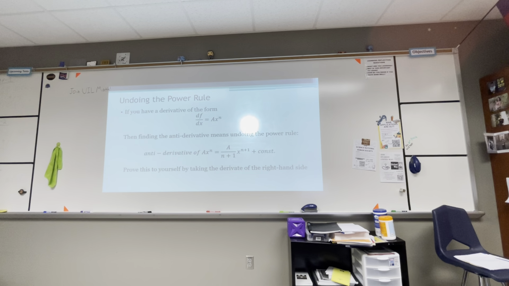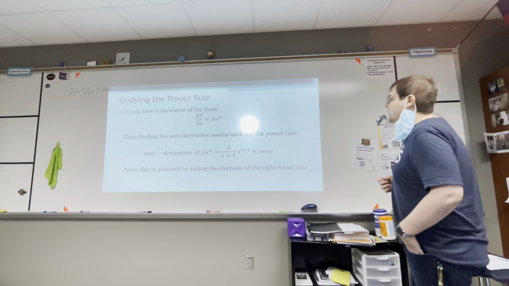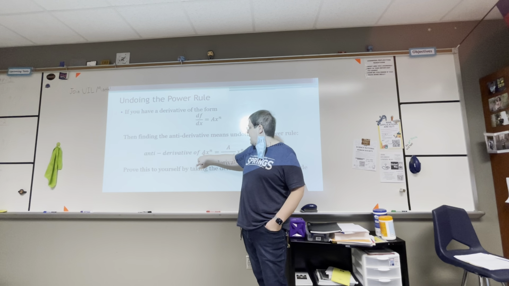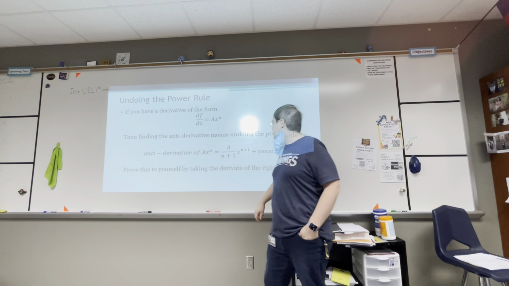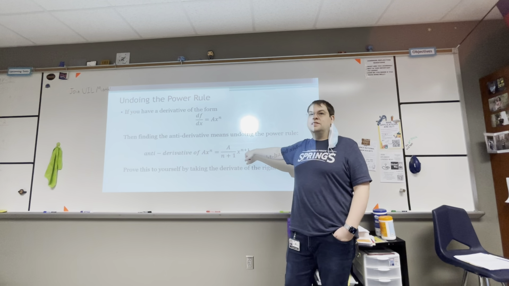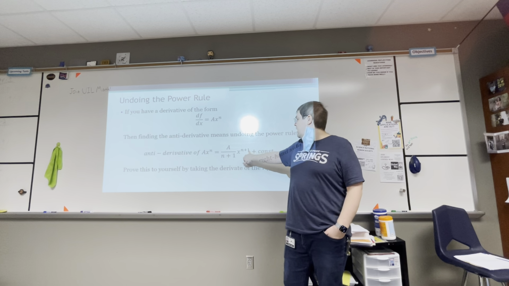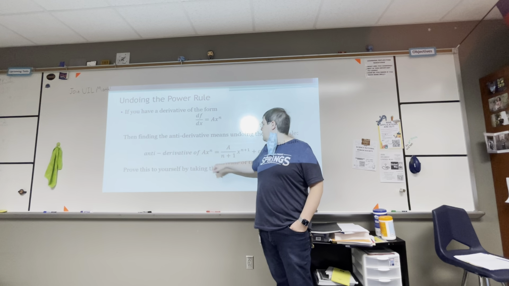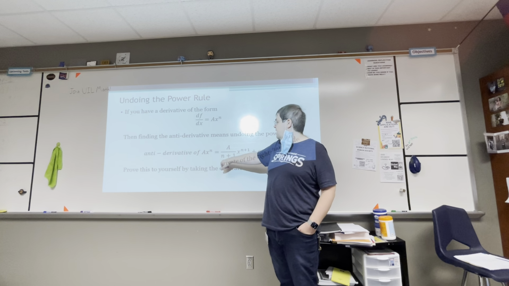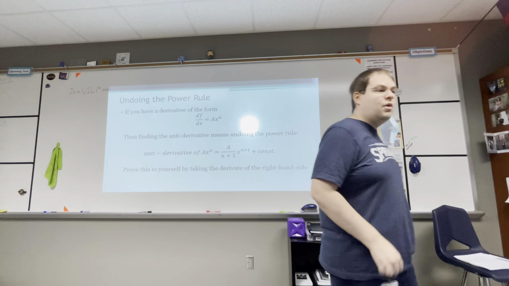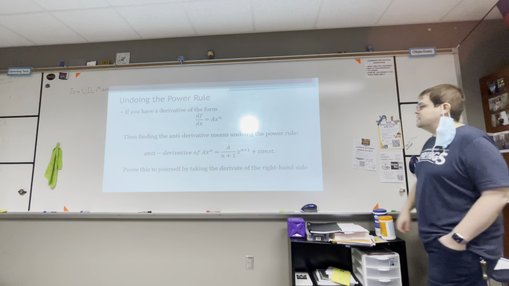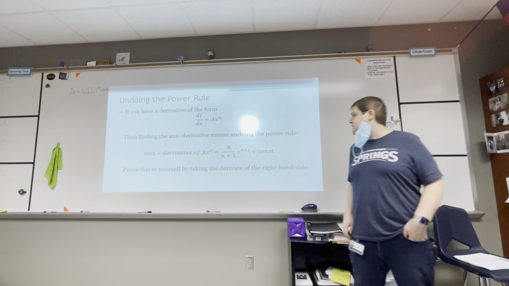Normally we would multiply the n by the a, and then subtract 1 from the n. Now we're going to add 1 to the n. It's the opposite. And then instead of multiplying the n and the a, we're going to divide by the n plus 1. And we still have that constant there, which I'm just writing out as constant right now.